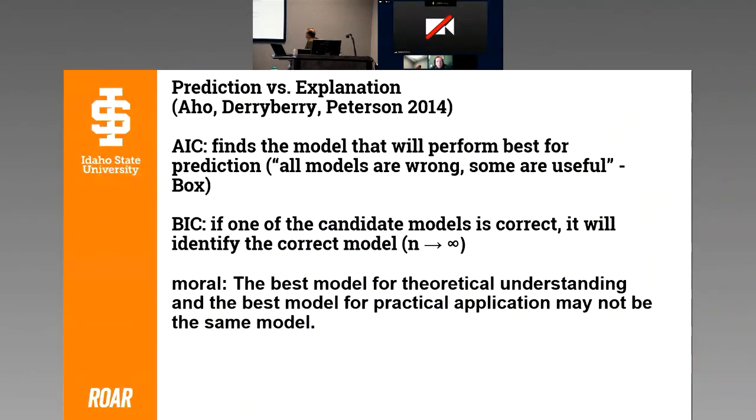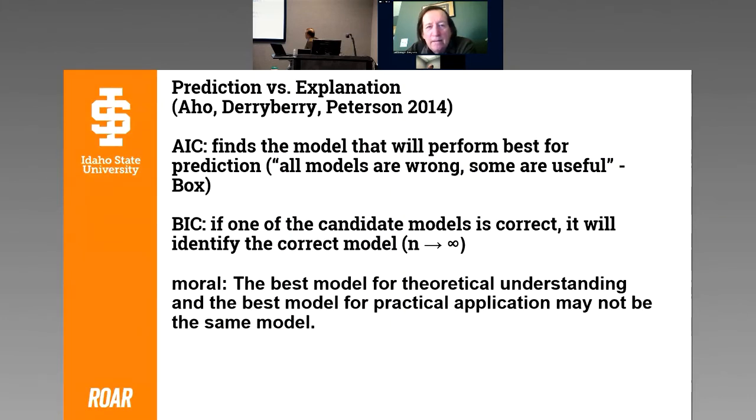So I think the moral is something people may not think about very much. The best approach for theoretical understanding and the best approach for practical applications are often different. For example, the model you're trying to build to really understand what's going on inside the body and the model you're trying to build to help the next person who shows up with radiation exposure may not be the same model, in the short run especially.